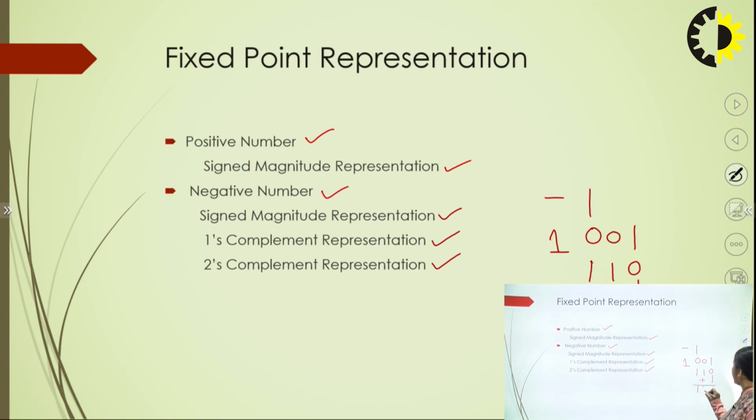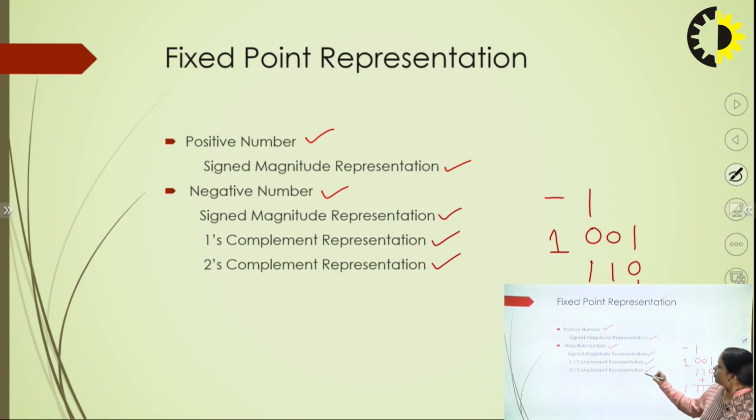The value is now 1, 1, 1, and the sign bit remains the same, 1. So the value of minus 1 will be 1, 1, 1, 1. This is the 2's complement value.